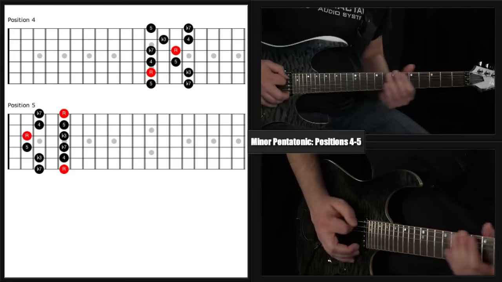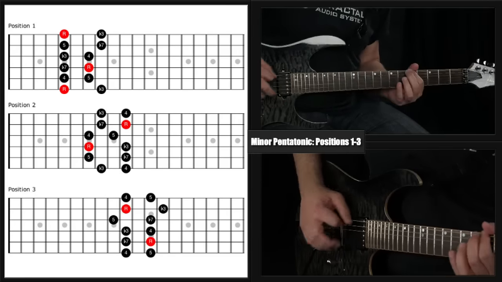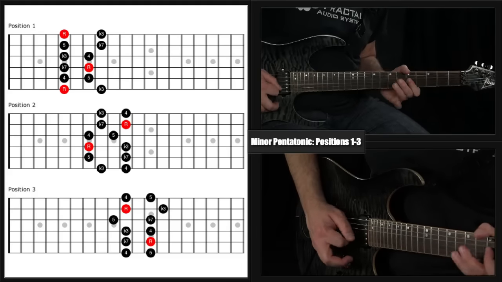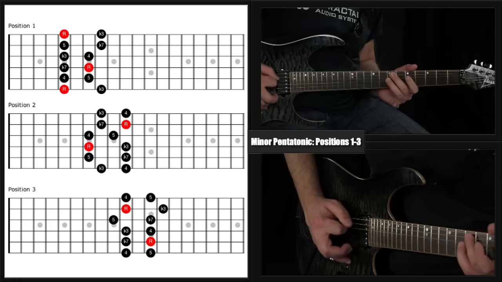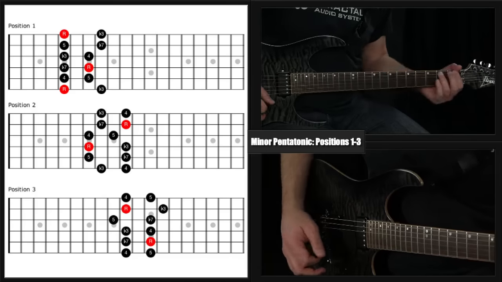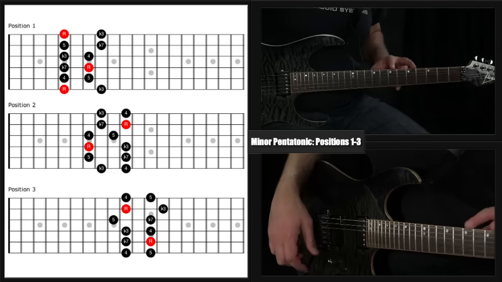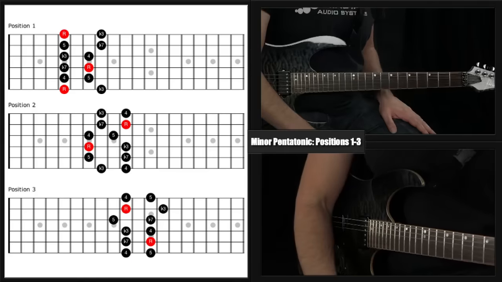So for position 1, it's easy. The root is the very first note of your position. For an A, that's the first note you're starting with on the 5th string. Position 2, the root is on the 4th string and 7th fret if you're in A.